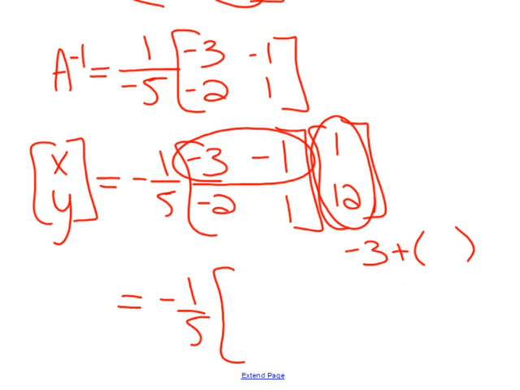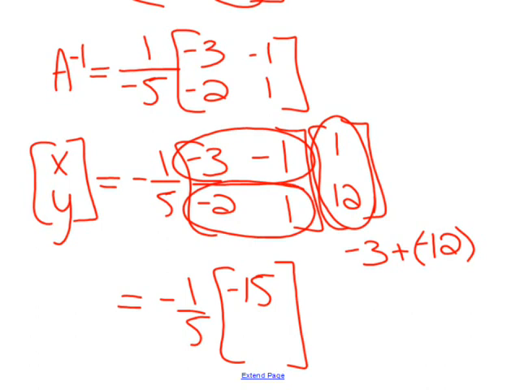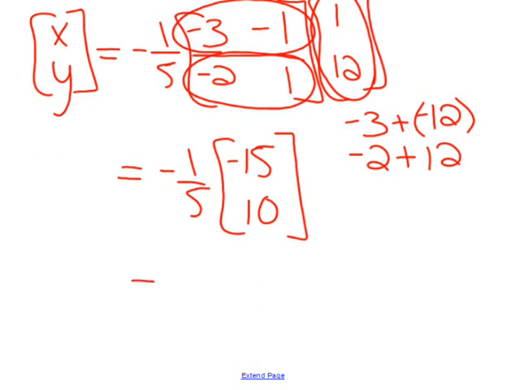Negative 1 times 12 is negative 12. If I add those together, I get negative 15. Second row, negative 2 times 1, and 1 times 12. Added, I get 10. Divide by negative 5, I get positive 3 and negative 2.